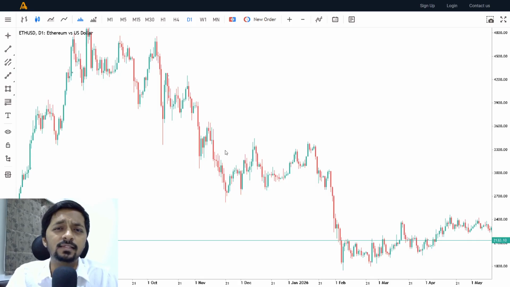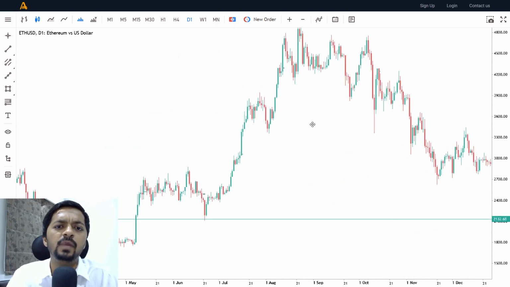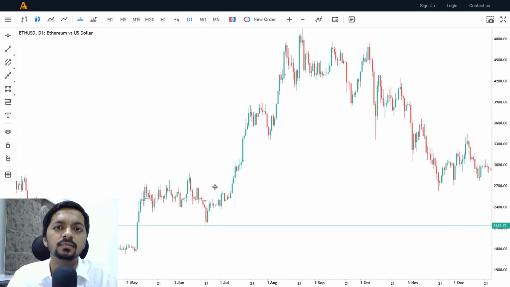So first of all, let's understand what trend trading is. Trend trading means trading in the direction of the market. That means, if price is following a downtrend, then what you need to do is just follow the downtrend. Just trade in the direction of the downtrend. If price is following the upward trend, just trade in the direction of the upward trend.